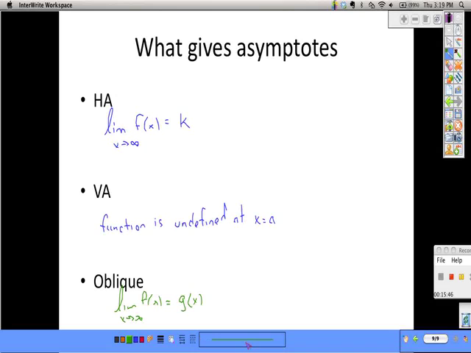This occurs when the degree of the numerator is 1 more than the denominator. We'll either have a horizontal asymptote or an oblique asymptote with a rational function, but we'll never have both. It'll be one or the other.